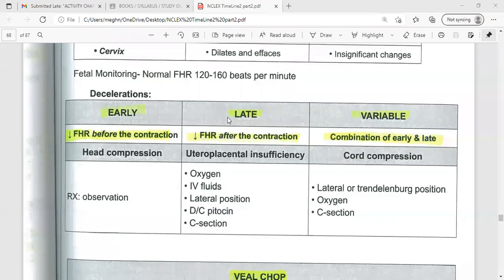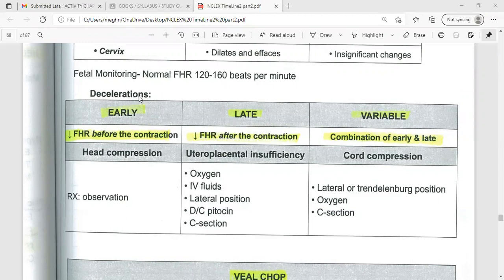Three types or three categories have occurred because of three different underlying causes. Like early deceleration due to the head compression and fetal heart rate reduced before the contraction.